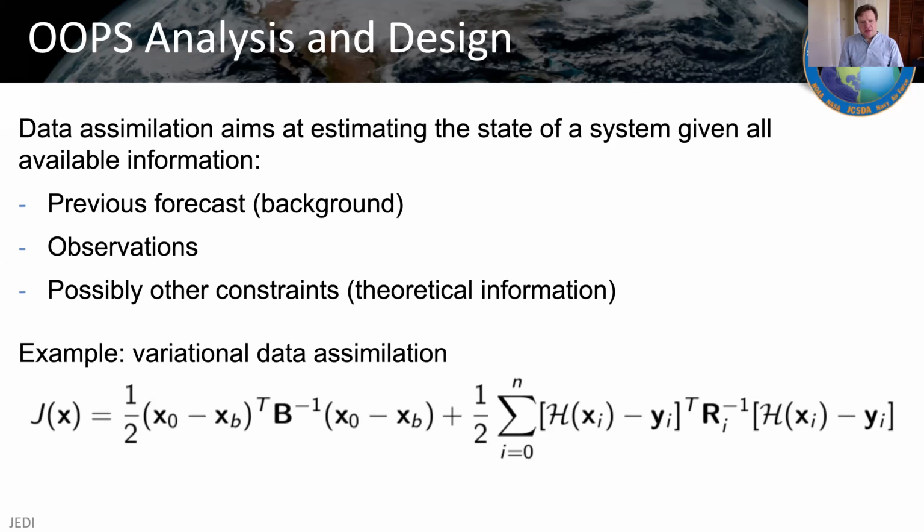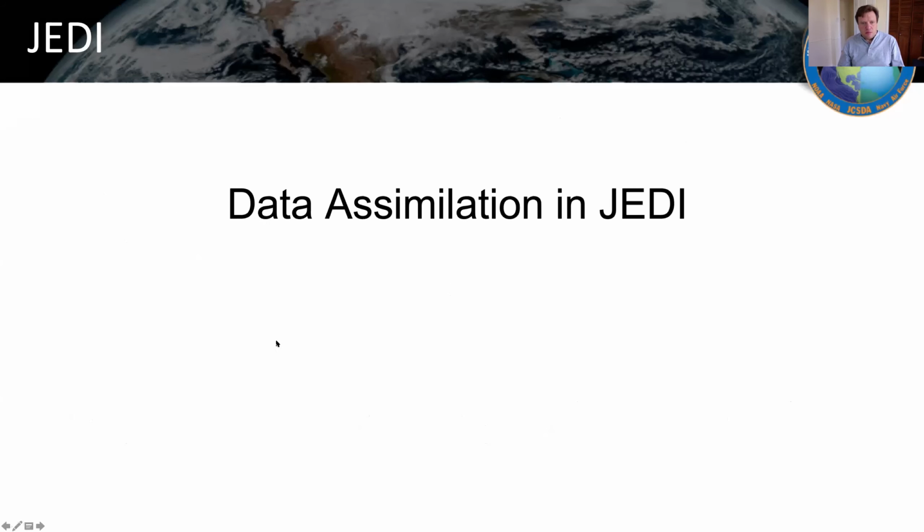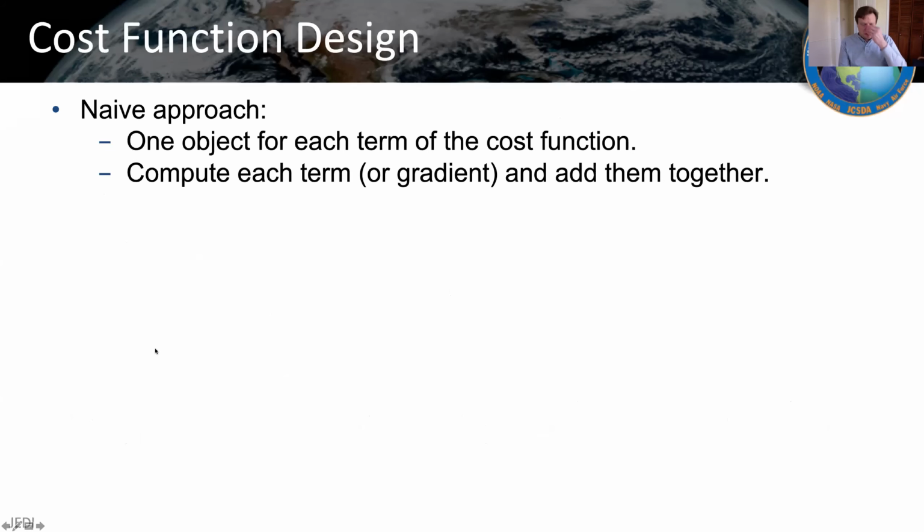So to design the code to do all this in a generic way, there were a number of considerations taken into account in the initial design of OOPS and JEDI. So how can we design this cost function?